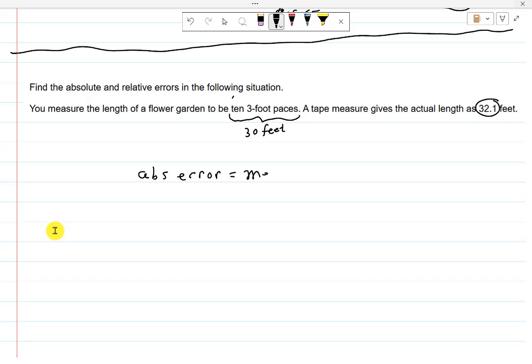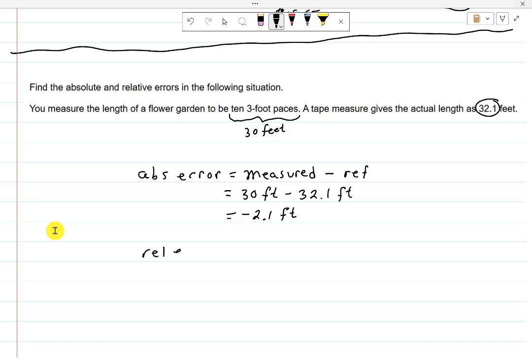That'll be measured minus the reference. So our measured is the 30 feet. And we're subtracting 32.1 feet. That's the reference. We're going to take the tape measure as the accurate one. And I end up with negative 2.1 feet.